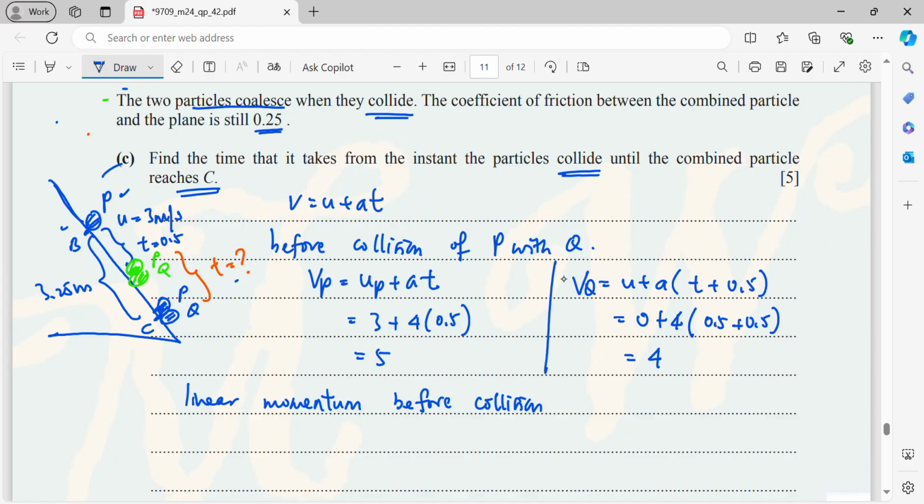Because to find the T, I need to know what is the V here, or what is the U there, right? So before collision equals to after collision.